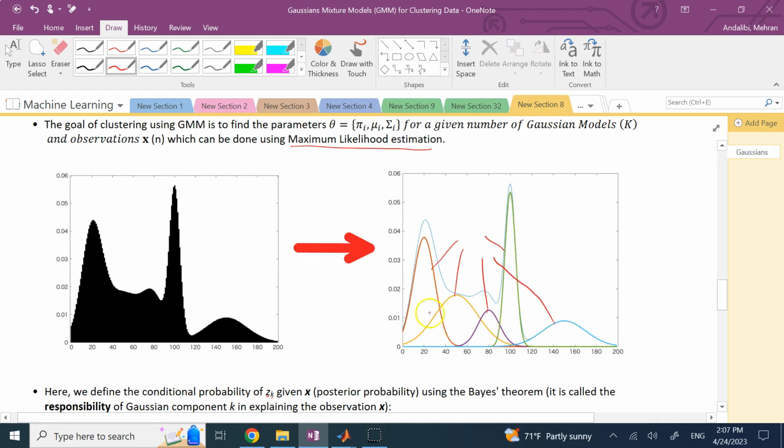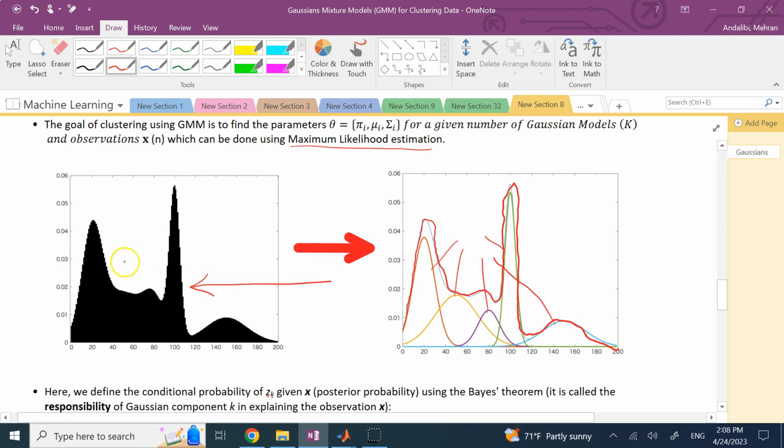So I have 5 Gaussian distributions, each one with its own center, with its own sigma, and with its own number of sample points. And if I add these 5 Gaussian distributions together, then I get this underlying distribution that I have in the histogram, this one, which you can see over here.